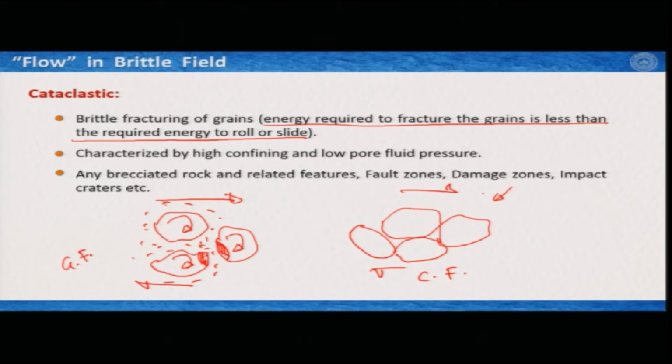Because this is under significant confinement, the grains find it impossible to roll, because the frictional contact here, here, here and other places is extremely high. So, instead of rolling or sliding past other grains, the grains prefer to sacrifice themselves by producing some sort of fractures along the contact zones.